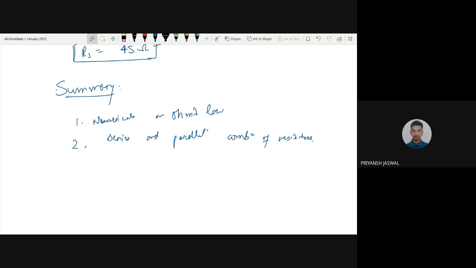In series, the resistance just keeps on adding. In parallel, the reciprocal of the net resistance is given by the sum of the reciprocals of the individual resistances.